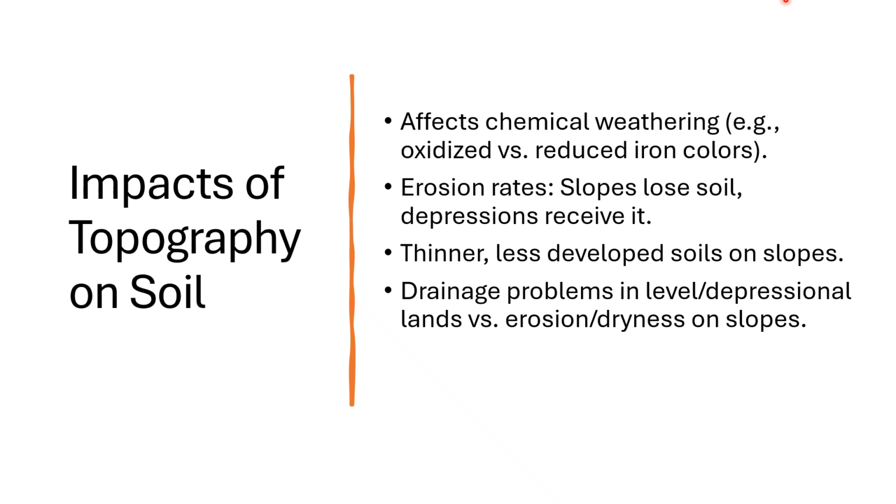In natural ecosystems, these differences are crucial in determining which plant communities thrive there. And again, next semester we'll be looking at erosion rates due to slope, and with our wetland delineation, we're looking at those depressions.